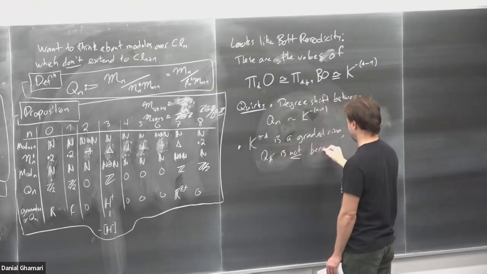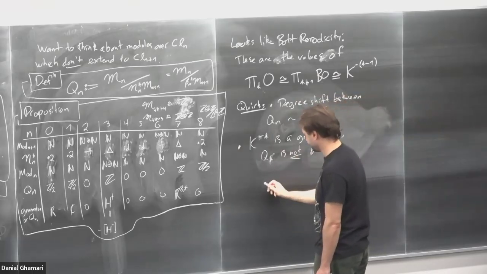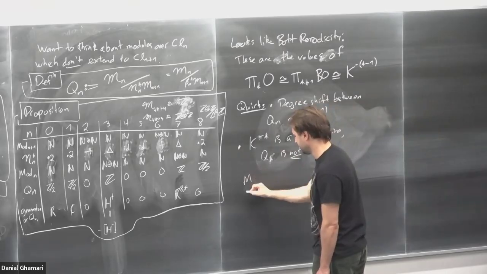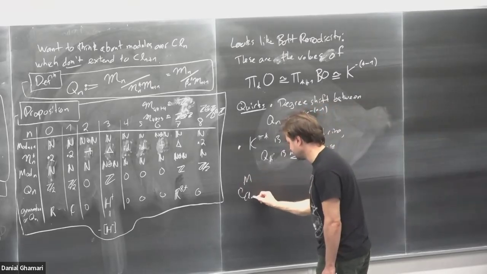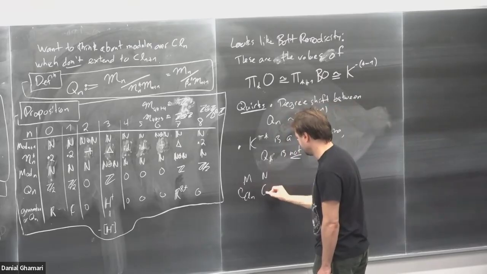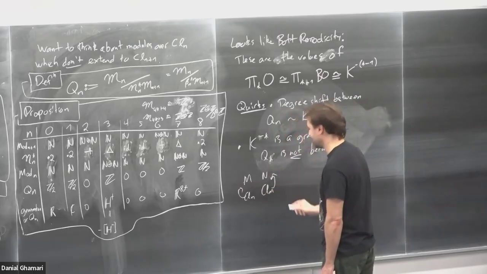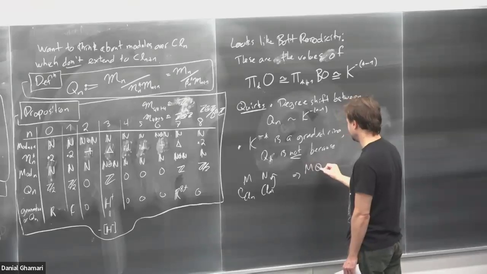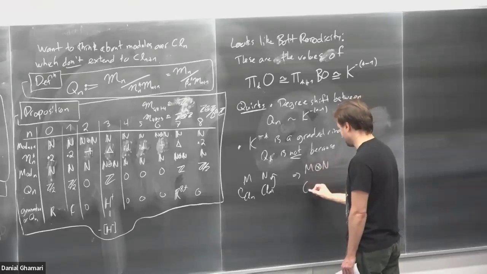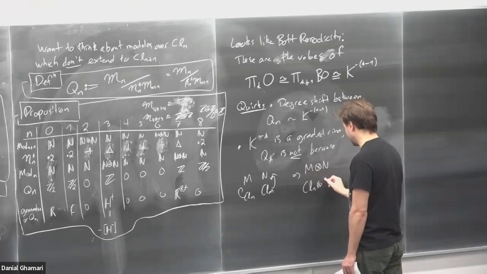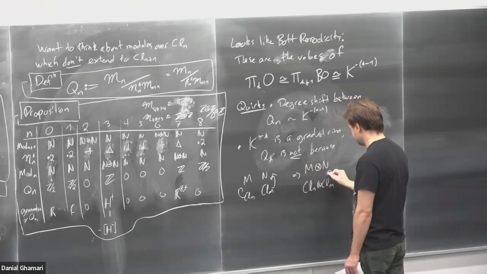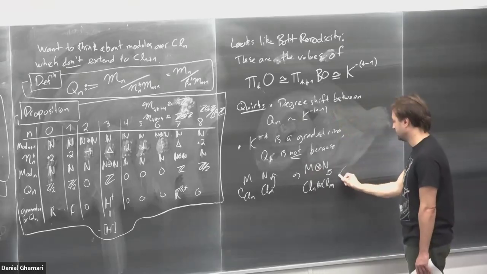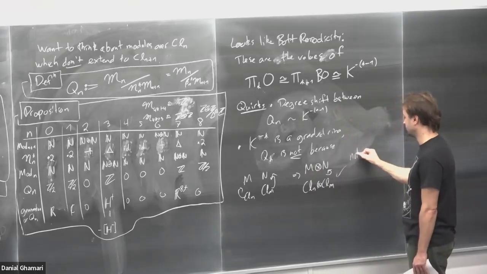Besides, well, we have M moving over CLN, N moving over CLM. Then we have M tensor N living over CLN tensor CLM. We're not going to go to this tensor product. This is not in general another Clifford algebra.